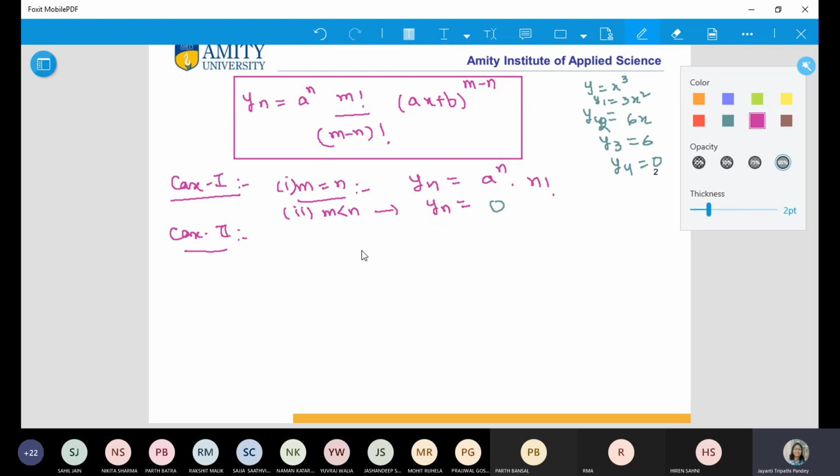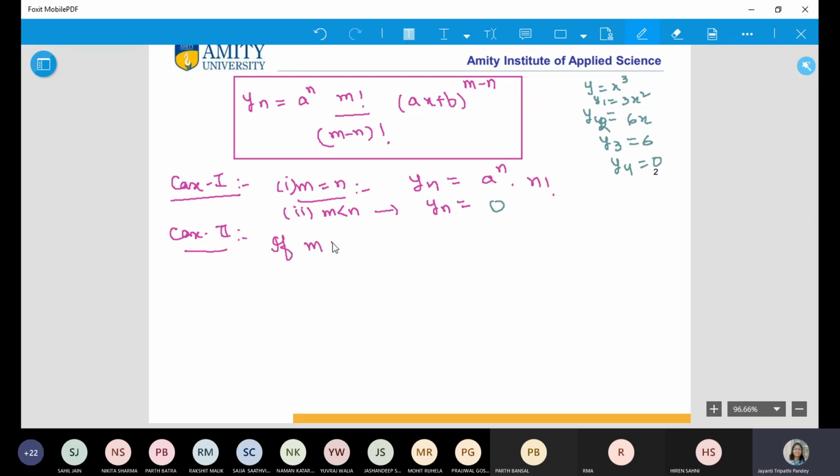Next case, if m is equal to -1. If m is equal to -1, that means you have this kind of y.